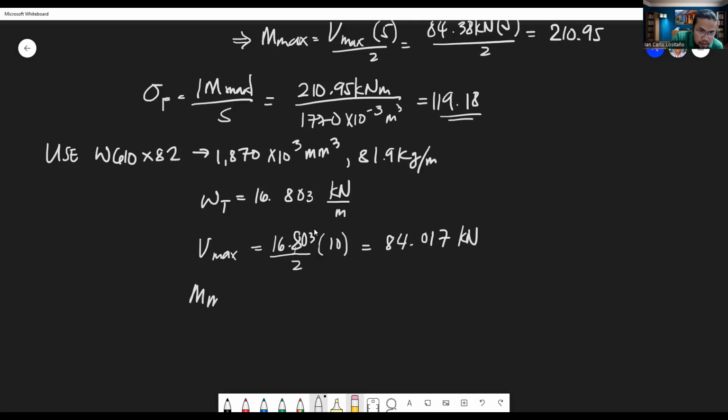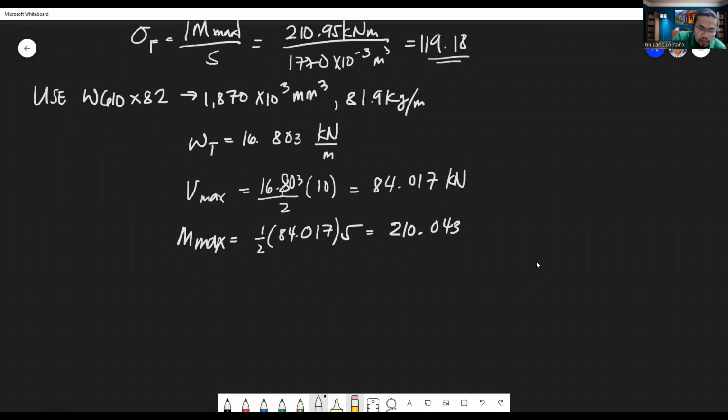So our M max is going to be 1/2 times 84.017 times 5, which is 210.043. Notice the very small difference from the previous one, the other wide flange beam.